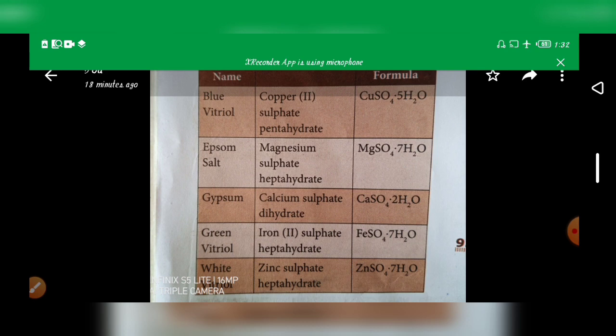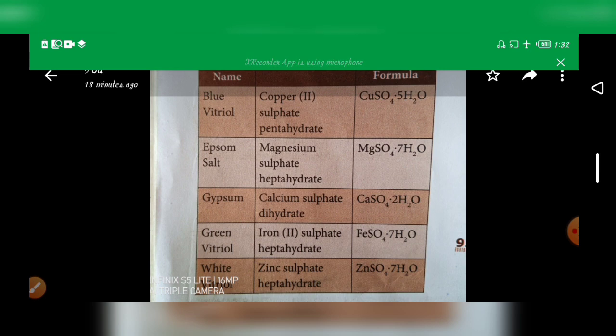Whenever you study the molecular formula, copper sulfate pentahydrate is CuSO4.5H2O. Magnesium sulfate heptahydrate is MgSO4.7H2O. Next we go to gypsum. Gypsum is nothing but calcium sulfate dihydrate, that is CaSO4.2H2O.